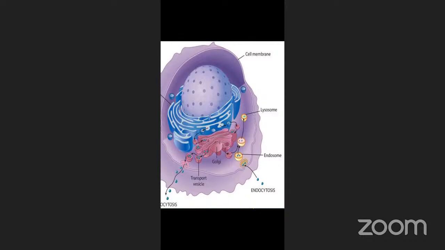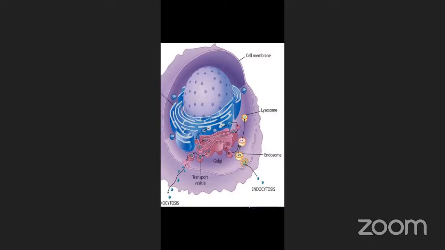Phagocytosis means cell eating. So they will eat the bacteria and make it into a vesicle. That phagosome then fuses with the lysosome. The enzymes present in the lysosome will digest this bacteria.